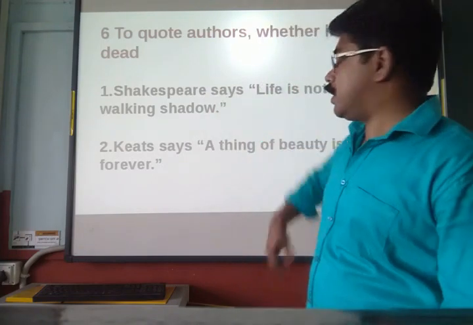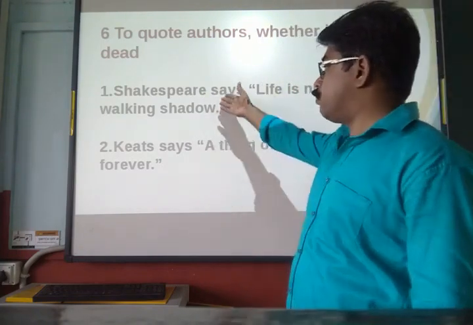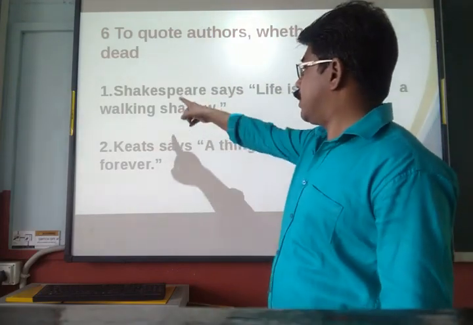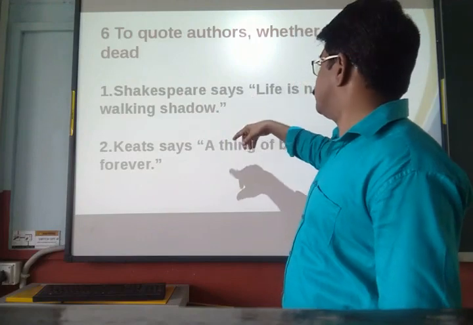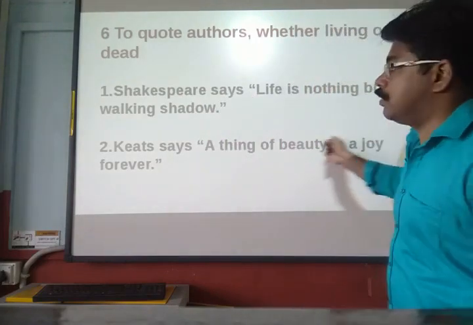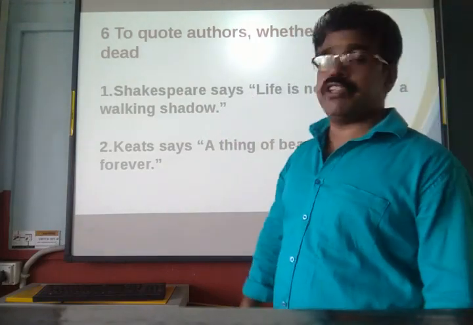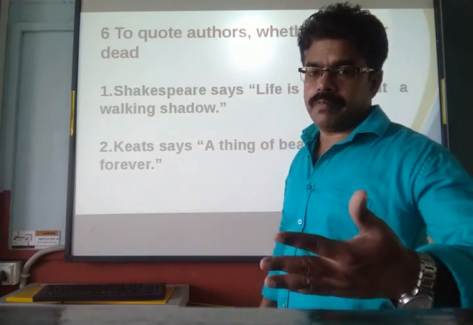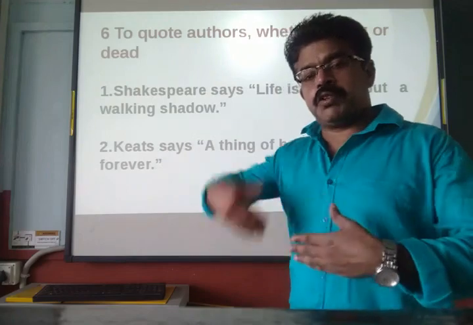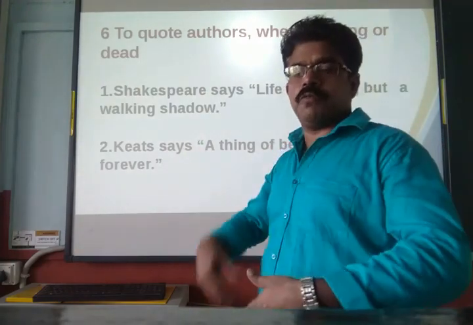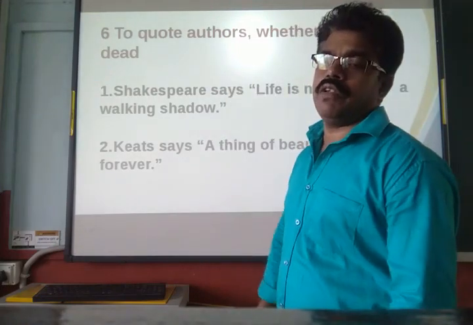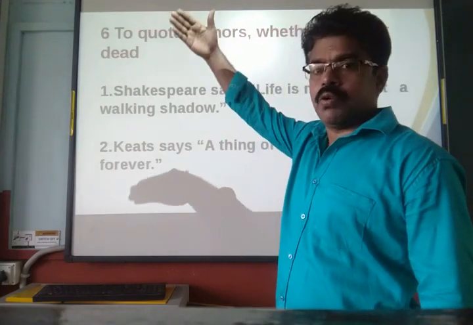So here, for example, I have taken two quotes, one from Shakespeare and one from John Keats. Now Shakespeare says, life is nothing but a walking shadow. He speaks about life. Rather, he spoke about his version of life, when he was alive, so many years ago.